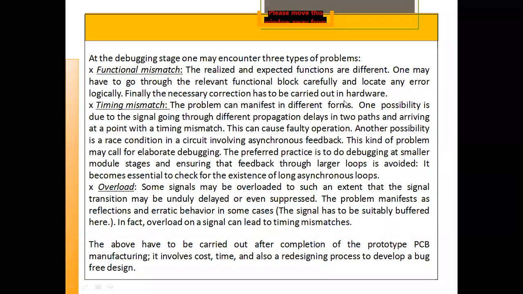We can also have another type of problem called signal overload. Generally these overloads cause a lot of delay.